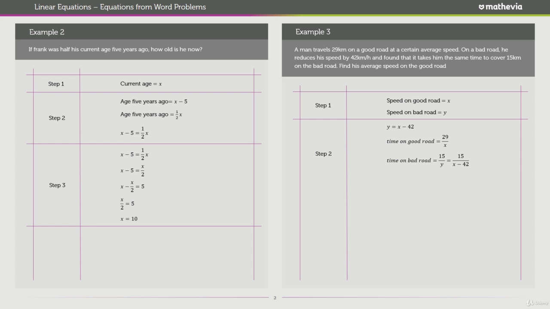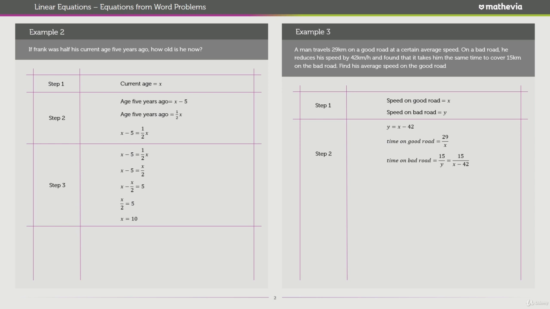So if you're looking to find the time it took him to cover the distance on the good road, you divide the distance 29 kilometers by the speed x. Now the time it took him to cover the distance on the bad road is the distance it covered on the bad road, 15 kilometers, divided by the speed on the bad road y, i.e. 15 over y, or 15 over x minus 42, as we already established.